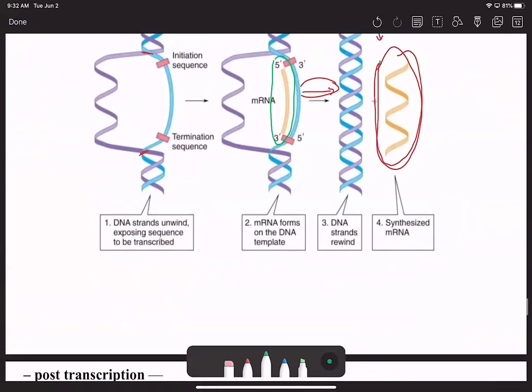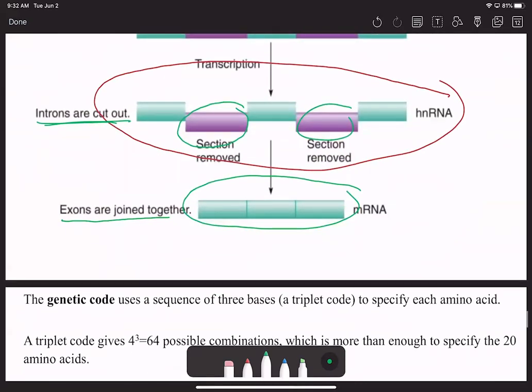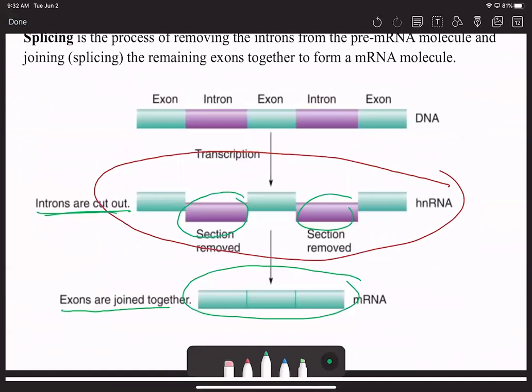So in here, we have introns and exons. The introns are cut out, and we get our final messenger RNA. So the introns are cut out, the exons are spliced together, and we get a template from our DNA.